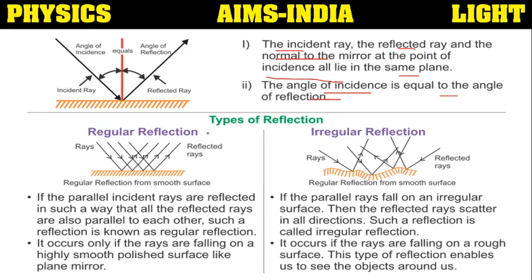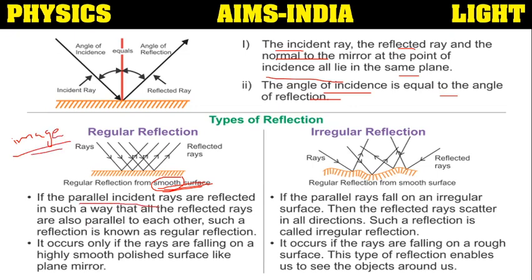Why is this? This is because of the nature of the surface. The surface is smooth, well polished. So that's why we are able to observe the regular reflection. The image we observe in the mirror is an example of regular reflection.